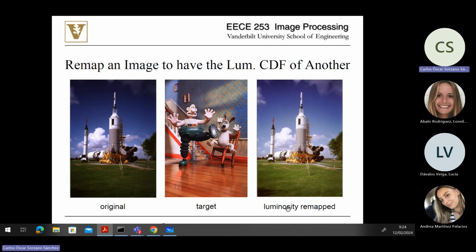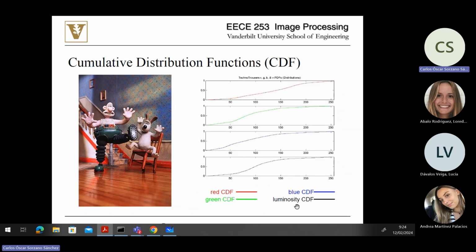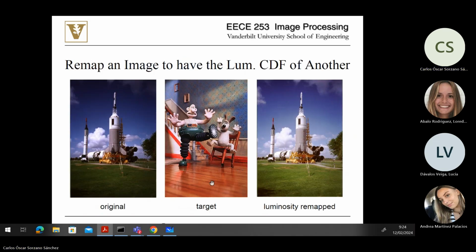We can use the luminosity CDF. So there is a lookup table associated with this CDF. Then one of luminance, and you use the luminance of that. So only the luminance. Transform all the color bands here.